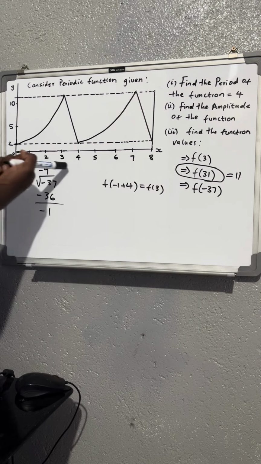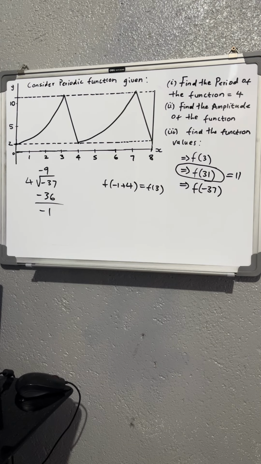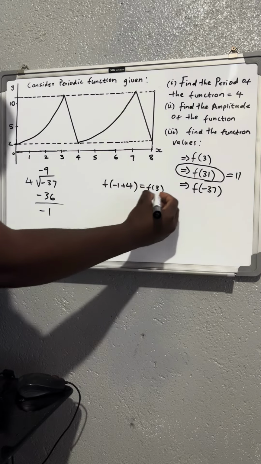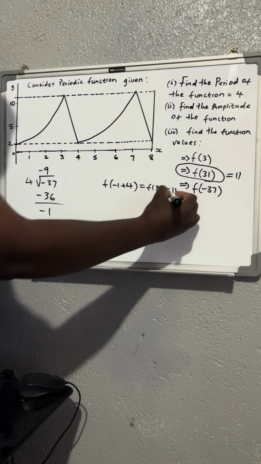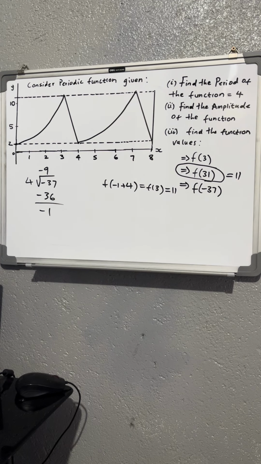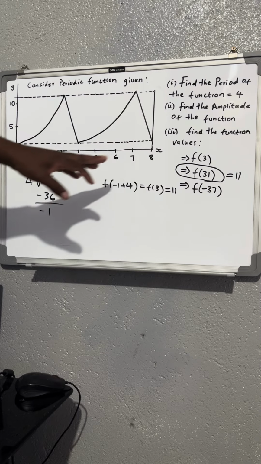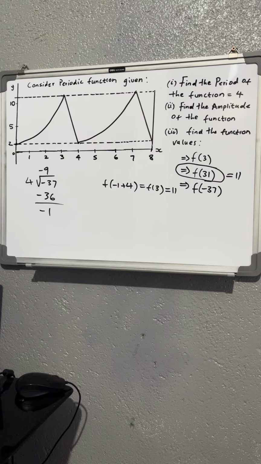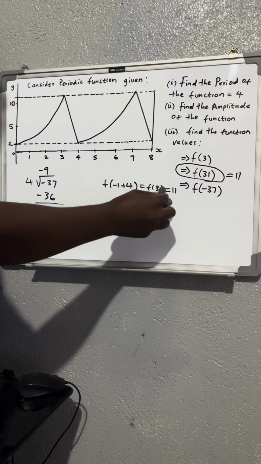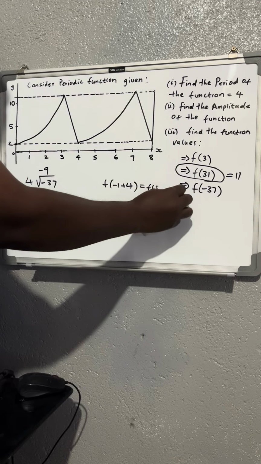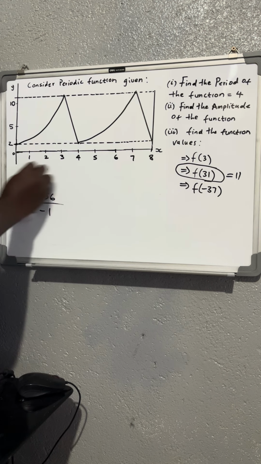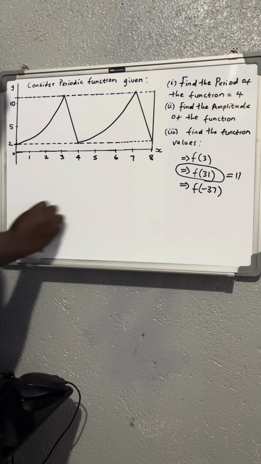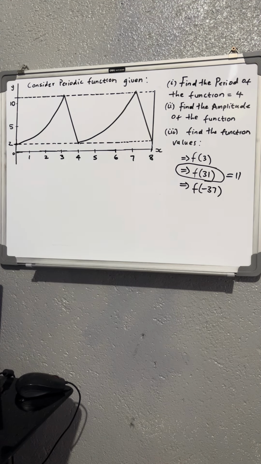Then f of 3 is definitely there on the graph, which is visible, which means this is going to be 11. So one thing that I would say is that if you are having numbers that are closer to the graph, rather just add the period or deduct the period to be able to have only the x values that are shown in the graph.